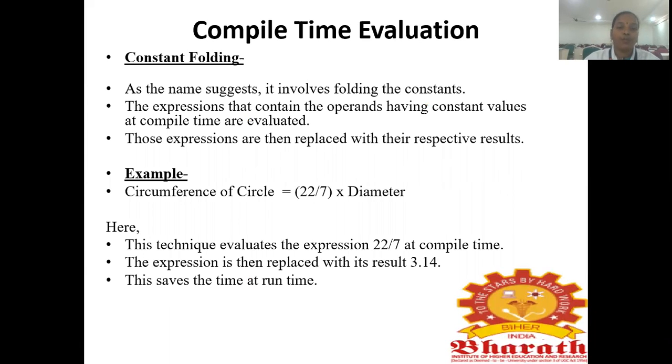I put the value for pi, and the compiler searches for the value of pi. So you take 3.14, then compile, then produce the result. That is constant folding.